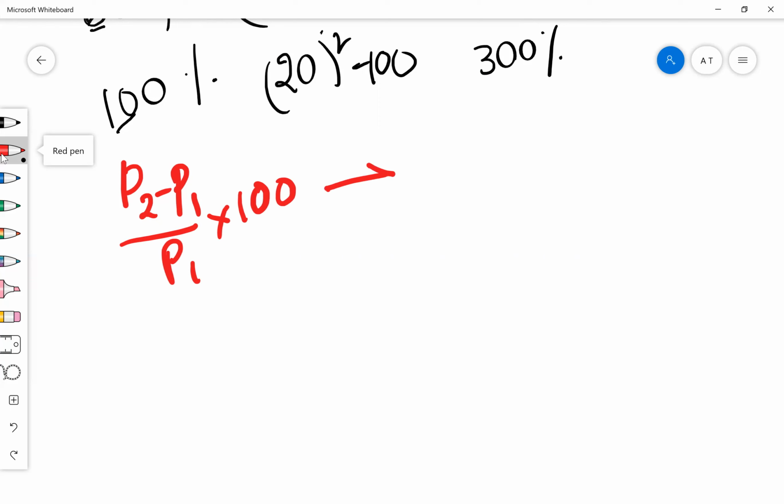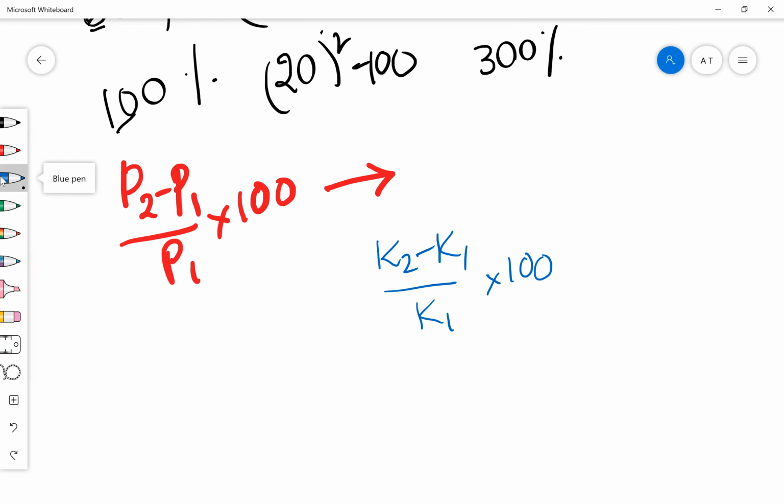You are asked to find the percentage increment in the kinetic energy, K2 minus K1 by K1 into 100. So here you can develop this technique, which is very useful in attending many competitive exams. Like that, we'll continue with many more shortcuts one after another.